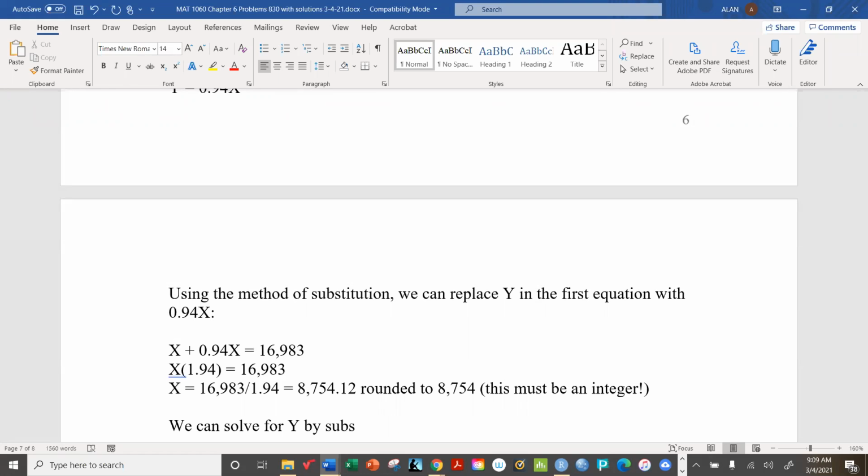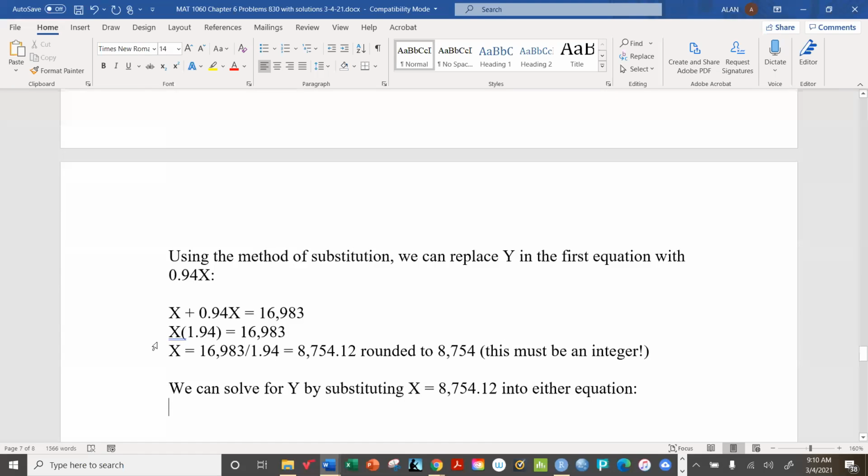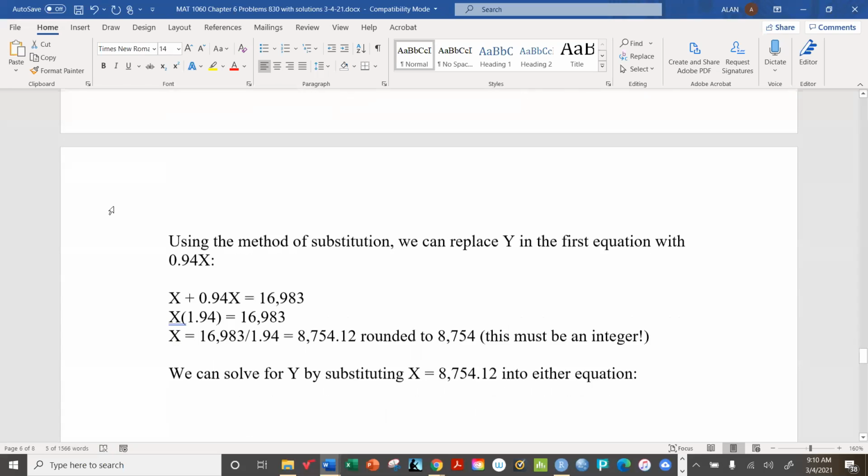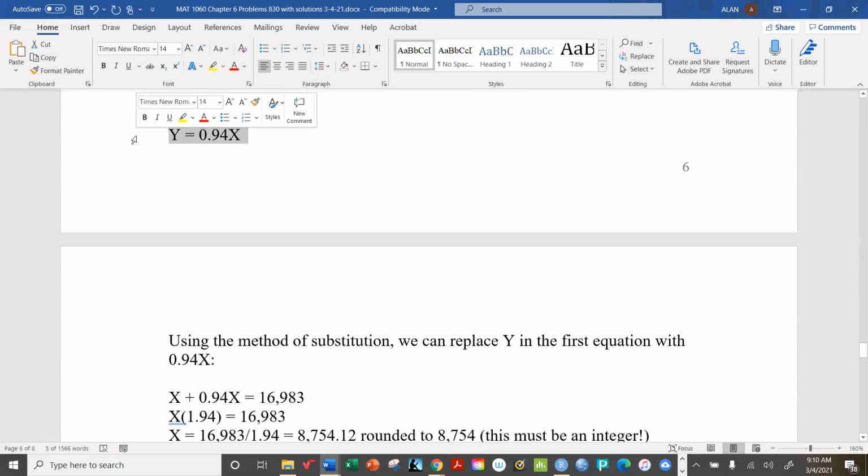Oh, I did it wrong again. X equals 8754.12 into either equation. So let's use this one.